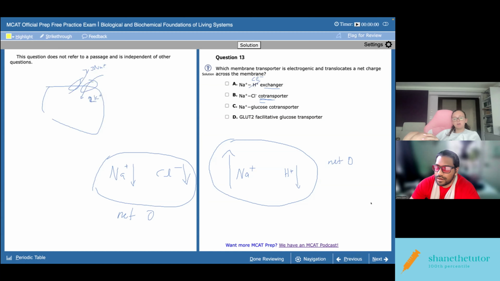Well, glucose wouldn't have a charge, right? So GLUT2 is just some type of transporter that transports glucose, but glucose has no net charge, so it wouldn't change anything.